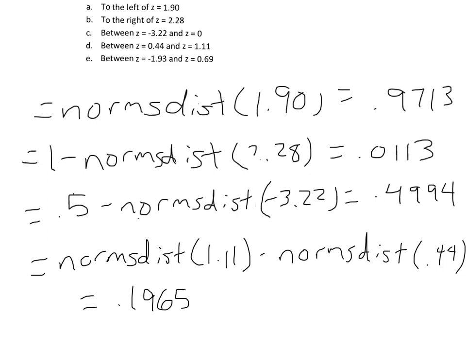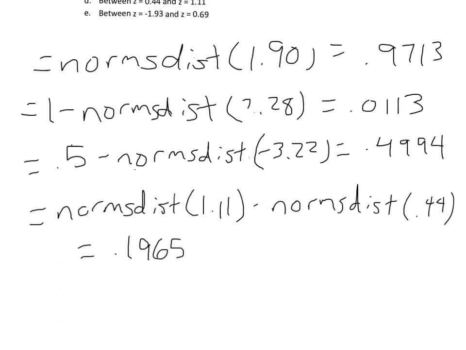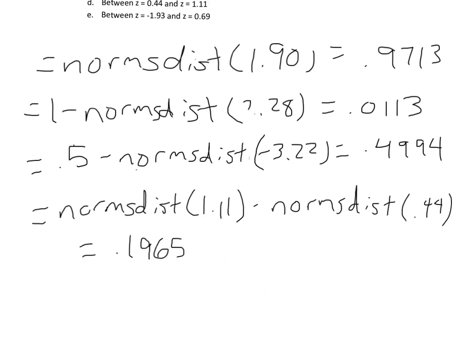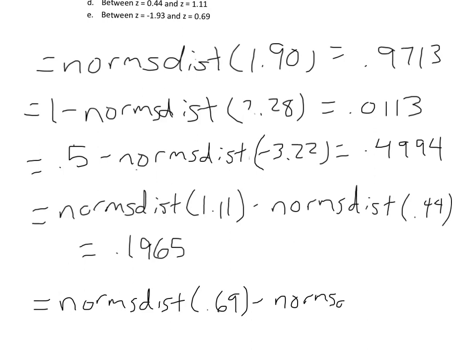Okay. And the last question is between 0.69 and 1.93, which we do the exact same way. It equals NORM.S.DIST of 0.69 minus NORM.S.DIST of negative 1.93, which would give you 0.7281.